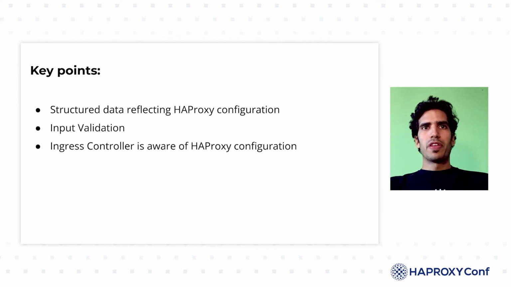Another key point of custom resources is that the Ingress controller is aware of HAProxy configuration, which means that whenever we push custom resource configuration, the controller will know what parts of HAProxy are being configured. In contrast, for example, with raw configuration, this is not possible.